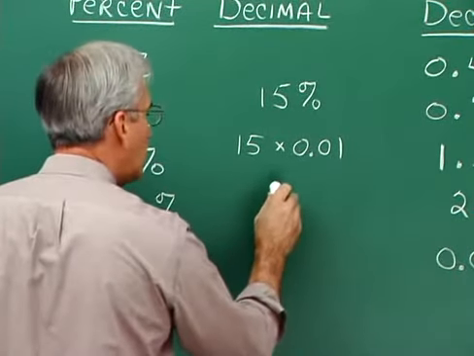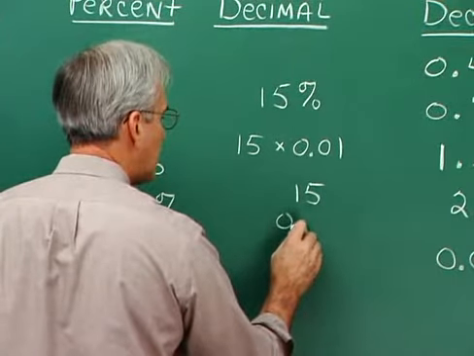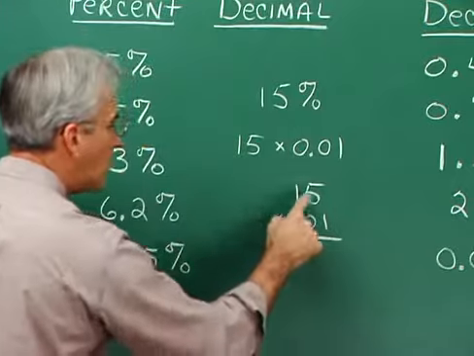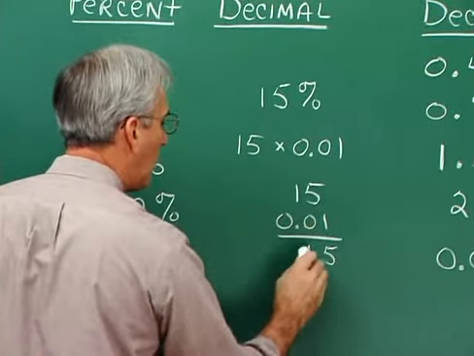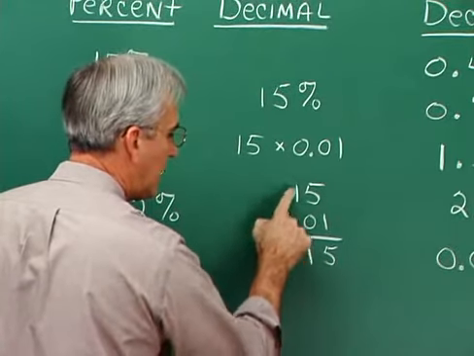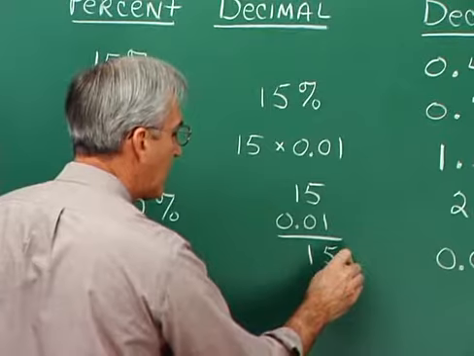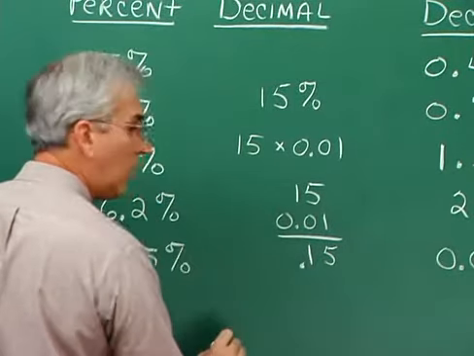And now when we multiply, and I'll show the multiplication in this one, but we're going to have a shortcut here in just a minute. So 1 times 5, 5, 1 times 1, 1. There are 2 digits to the right of the decimal in these factors, and so we need 2 digits to the right of the decimal in the answer. Counting off from the right, 1, 2, the decimal belongs here.